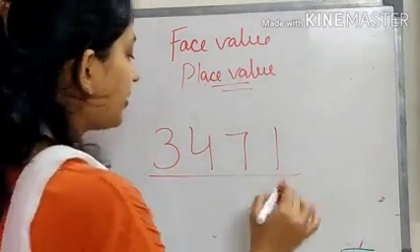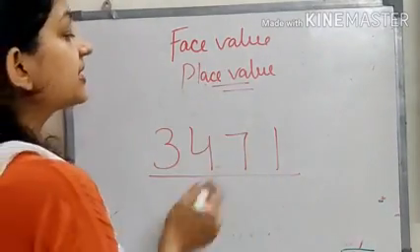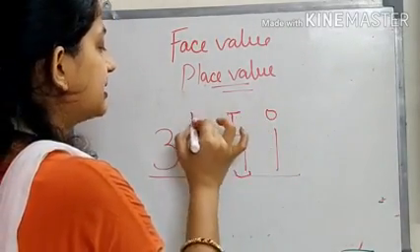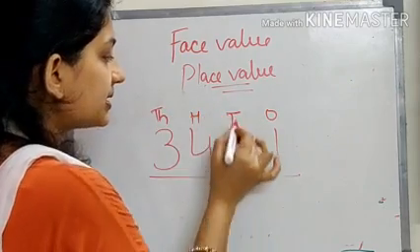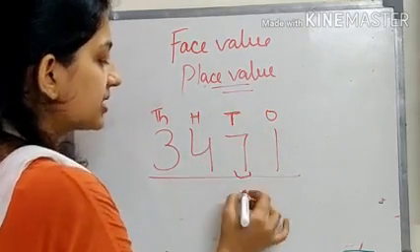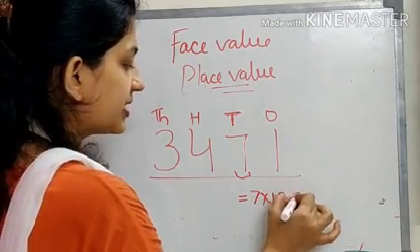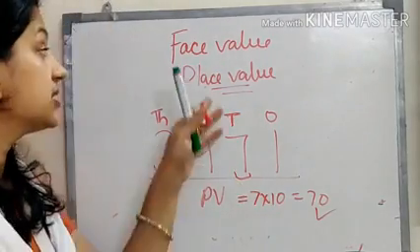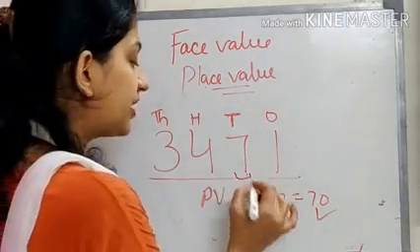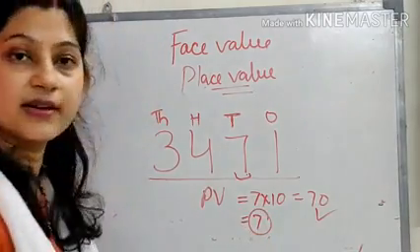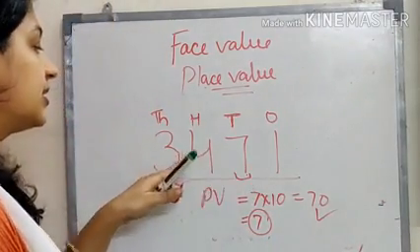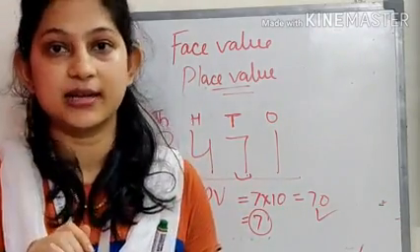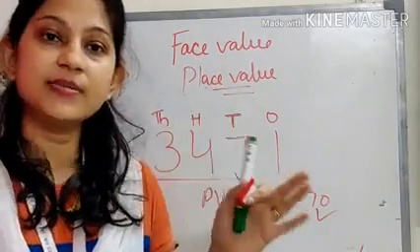If I ask you the place value of 7, you will say it is sitting in the tens place, so it becomes 7 into 10, that is 70. Place value is correct. And if I ask you the face value? Face value of a number will always be the number itself, whether it is present here, here, anywhere. Face value means the number itself.